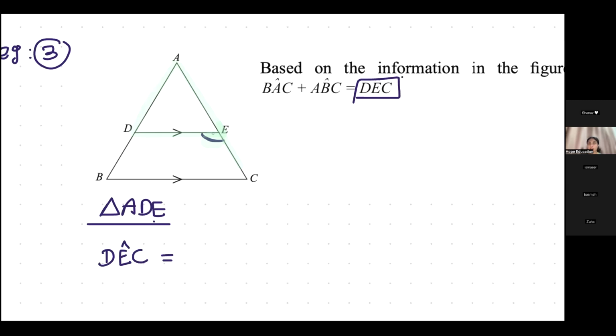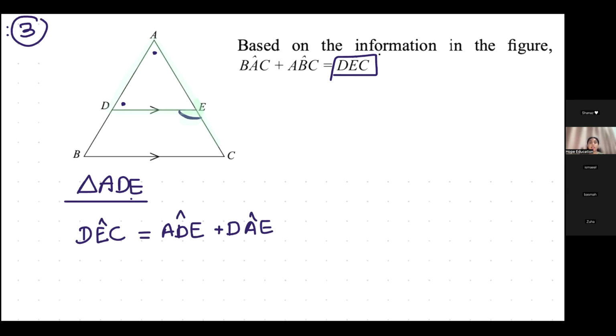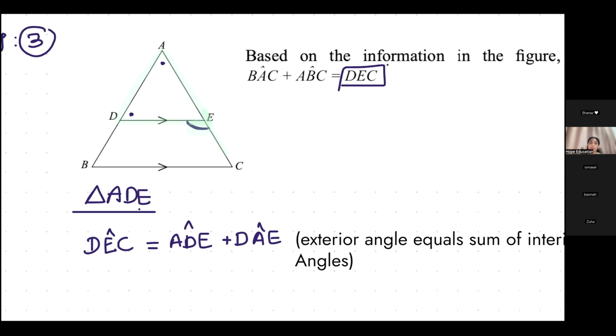So this is one interior angle, this is another interior opposite angle. So this is ADE, this is DAE. Okay, so this is, as usual, exterior angle equals sum of interior opposite angles. Right. Now, according to what they're trying to prove, we have DEC.